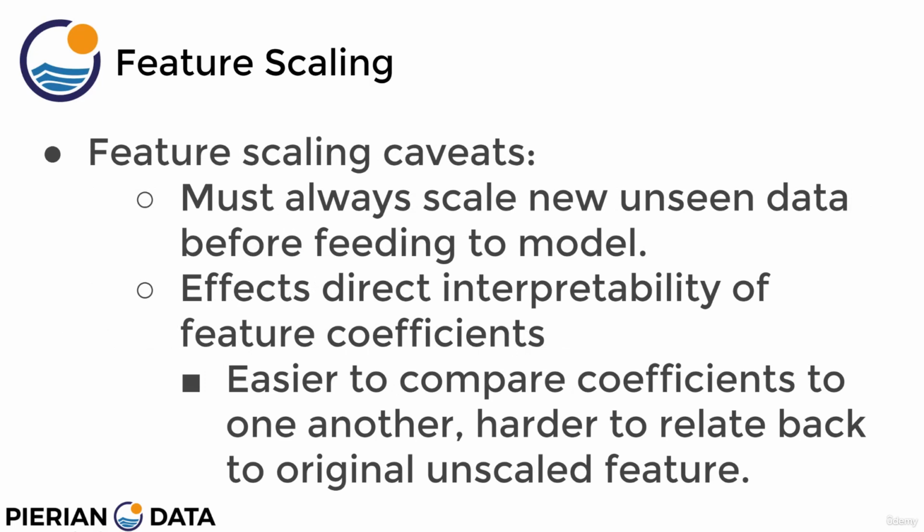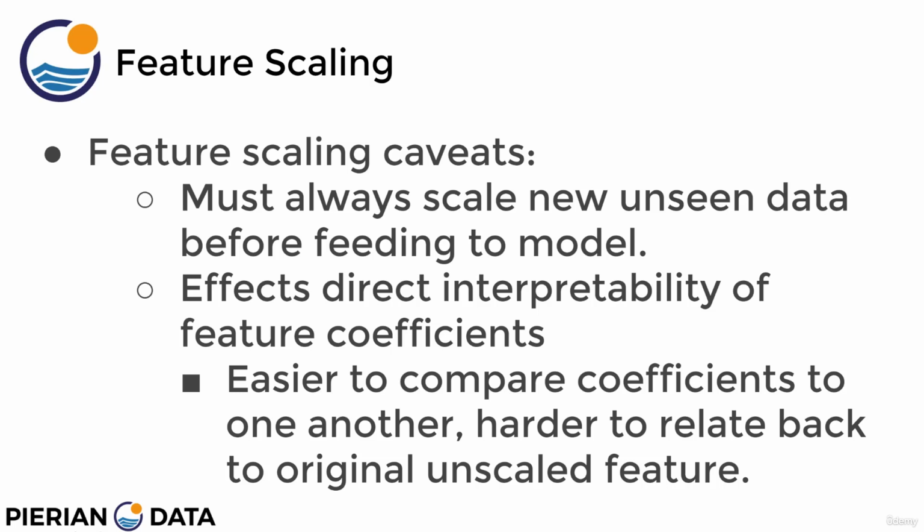So there are a few caveats to feature scaling. One caveat is that if you just train the model to feature data that was scaled, that means for new incoming unseen data, you will also have to scale it before feeding it to the model. It also affects direct interpretability of feature coefficients.